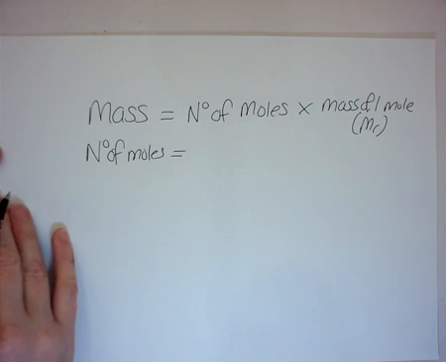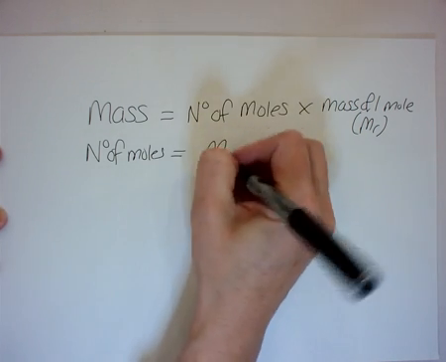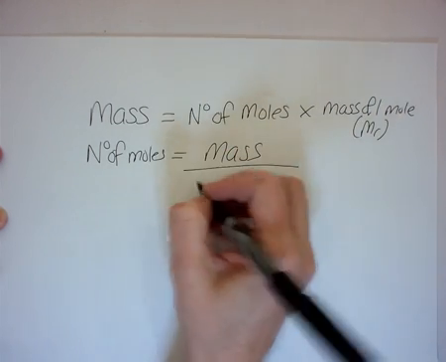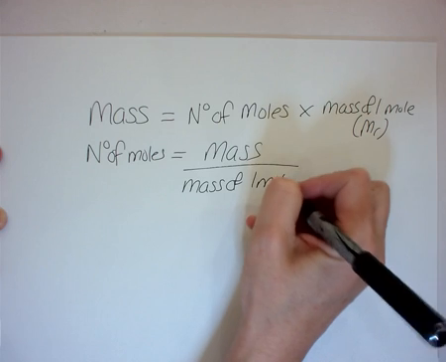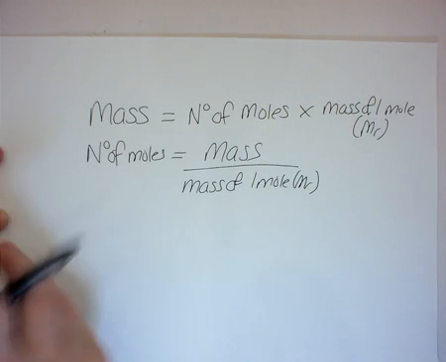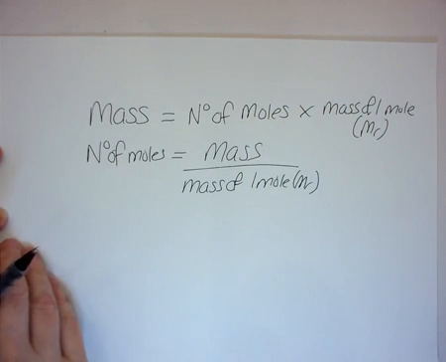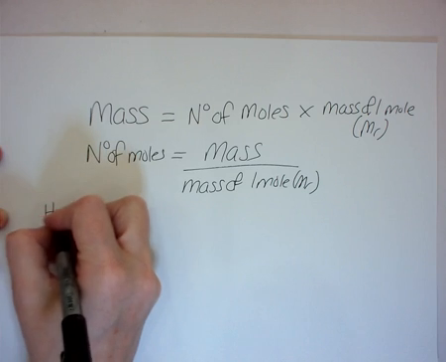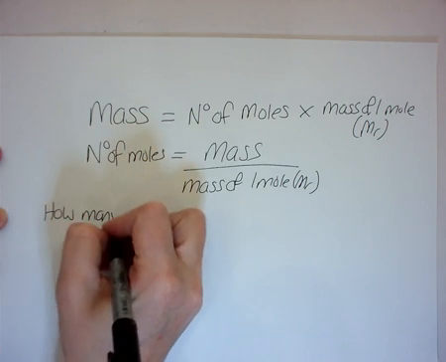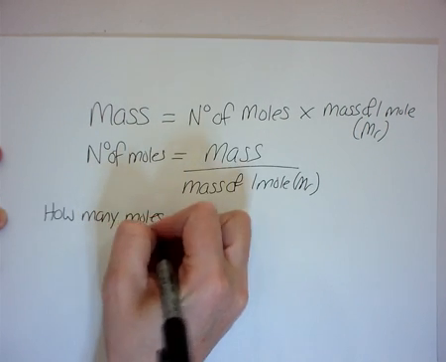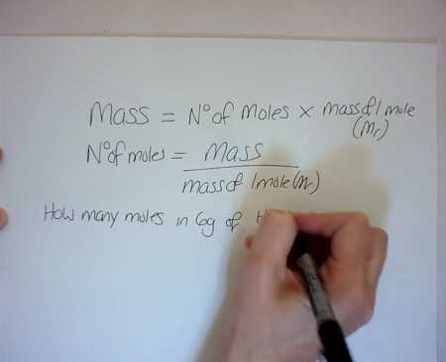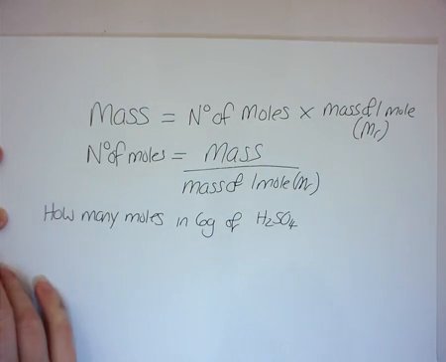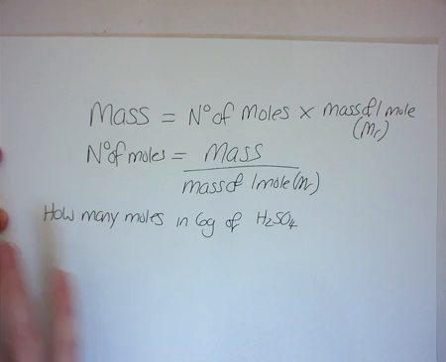So number of moles is going to be equal to the mass divided by the mass of 1 mole, or its Mr. Okay, so my question is, how many moles in 6 grams of sulfuric acid? Pause the video, work it out.